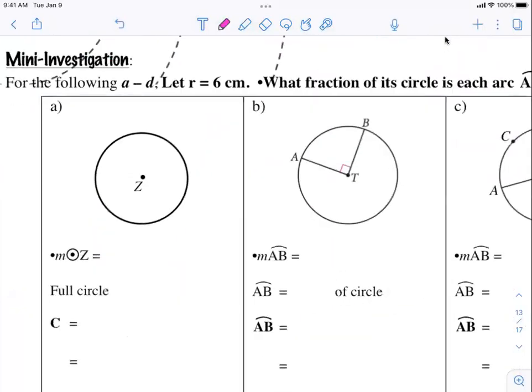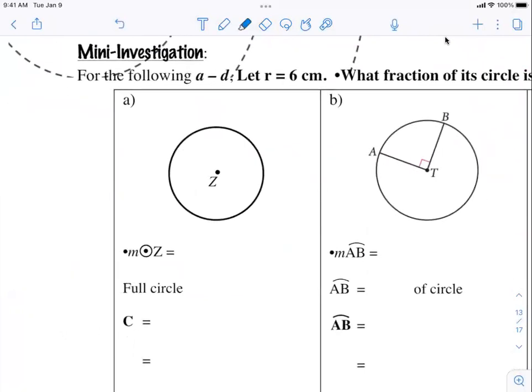So let's see. Very important that we read that. All right, so it says the measure of circle Z. So all the way around, we know that it is 360 degrees. Again, measure is going to be talking about degrees. So that's a full circle. So first, let's find the circumference of this circle. We know the circumference formula from last class is 2 pi r.